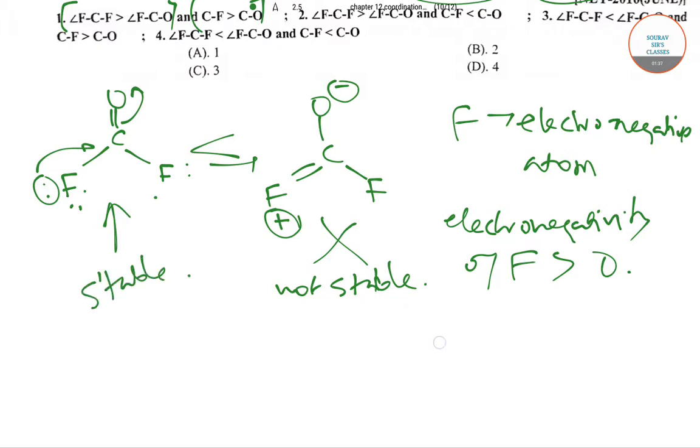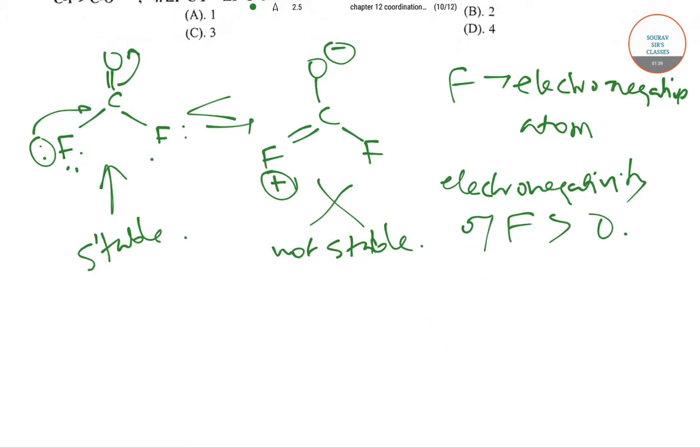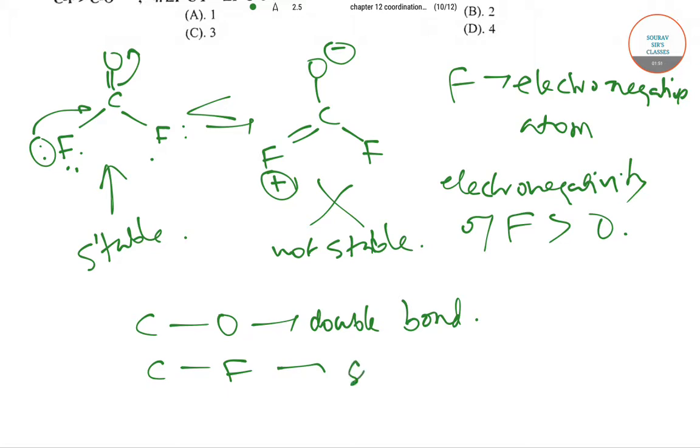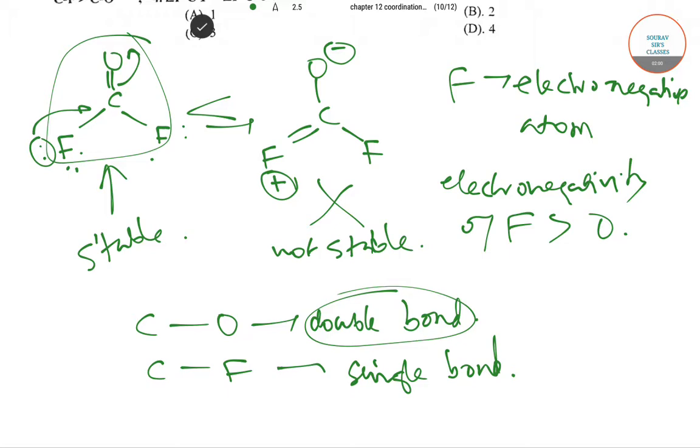Now, in this structure the CO bond is a double bond, whereas the CF bond is a single bond, and the characteristic structure of carbonyl fluoride has more double bond character in the CO bond, whereas the CF bond has more single bond character.